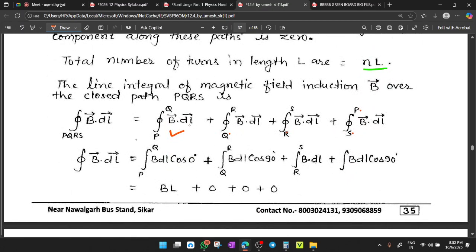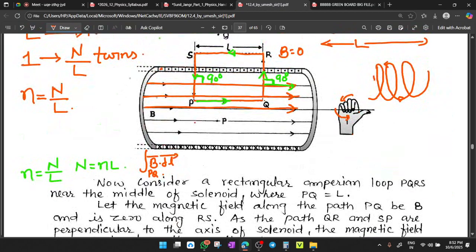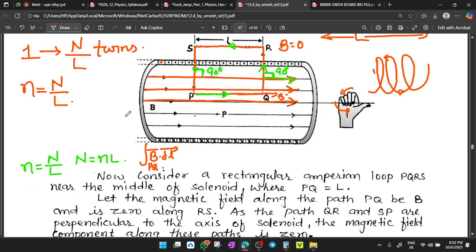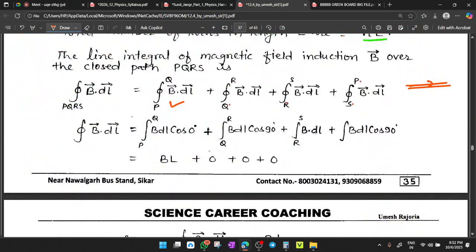For PQ, if you expand it, it will be B dl cos 0, because the magnetic field is in the direction of the loop, right or wrong? Yes, the magnetic field here is in the direction of the loop. In the next part of the loop, the upper one, the magnetic field is perpendicular, so cos 90 applies here, right?